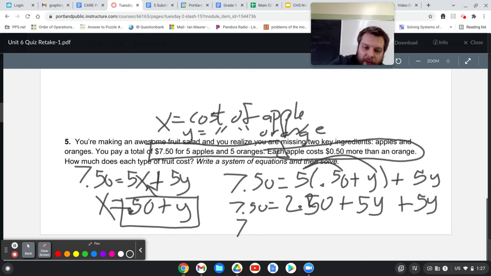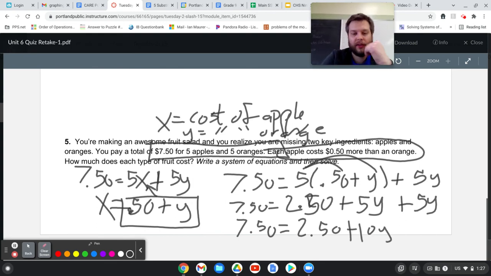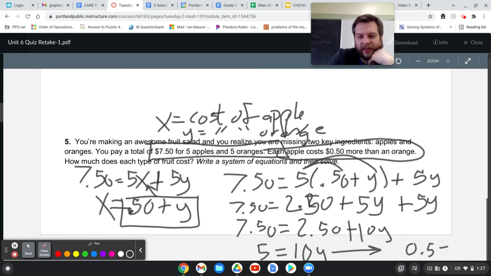Combine your like terms to get 750 equals 250 plus 10y. Subtract 250 from both sides to get 5 equals 10y. And divide by 10 to get 0.5 equals y.